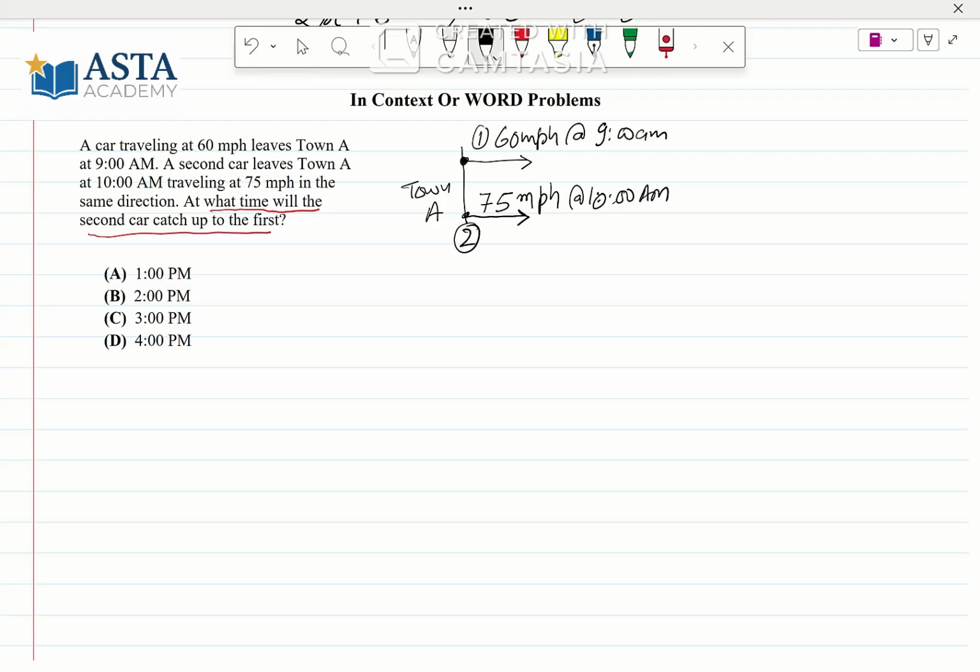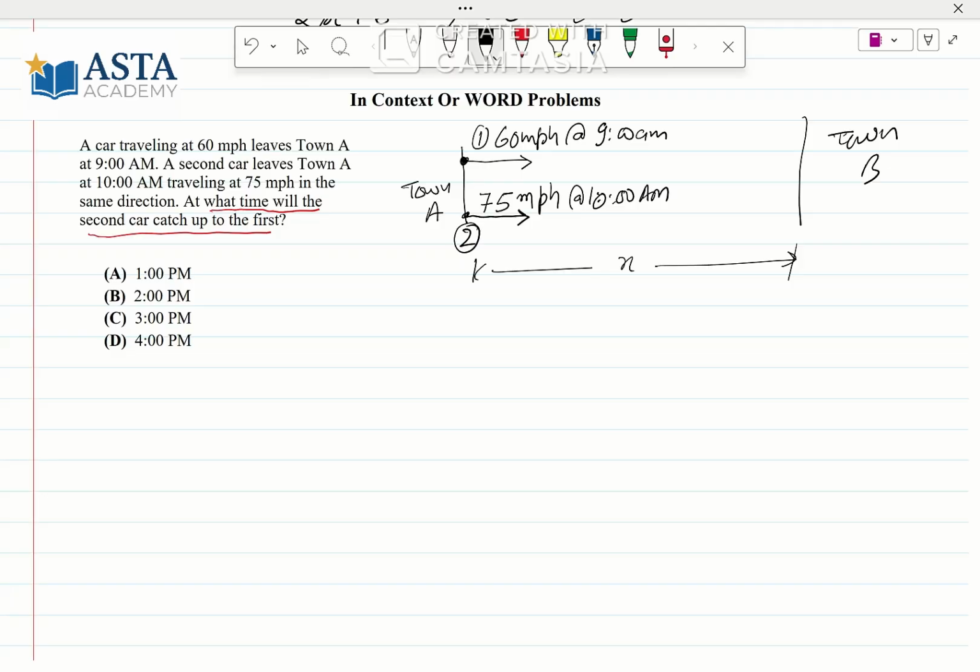One is starting at 9, another is starting at 10. Their speeds are different. But when they meet up, let's say they meet up somewhere here, some town B, or close to town B, they have traveled this much distance. Car 1 has traveled X distance, car 2 has traveled X distance.